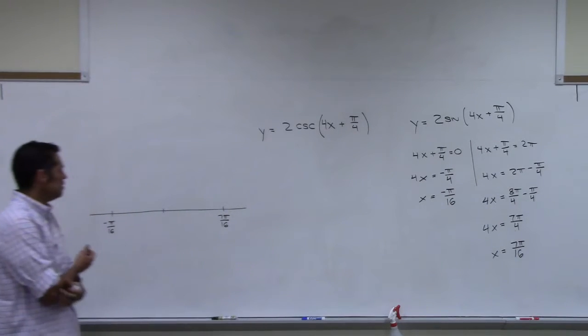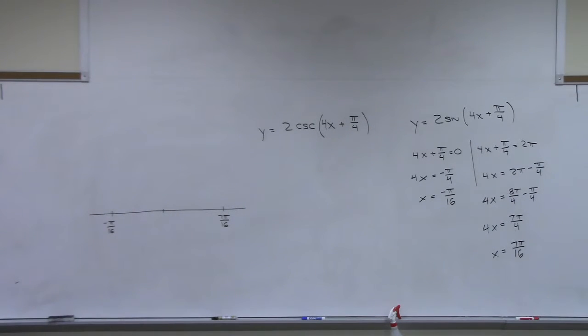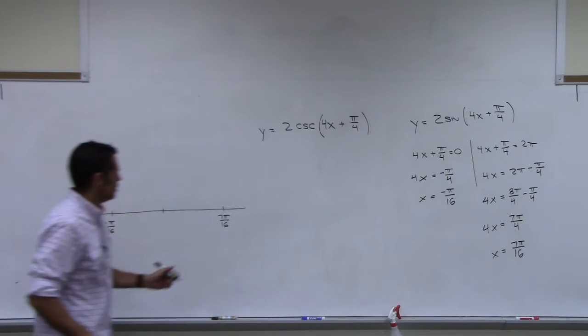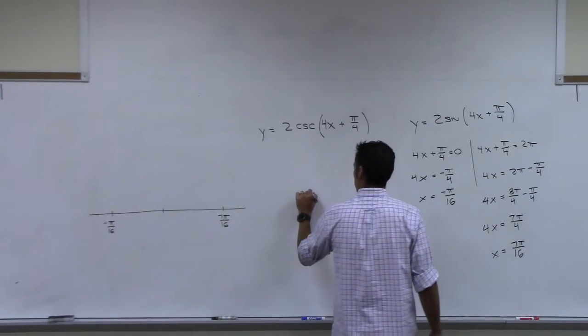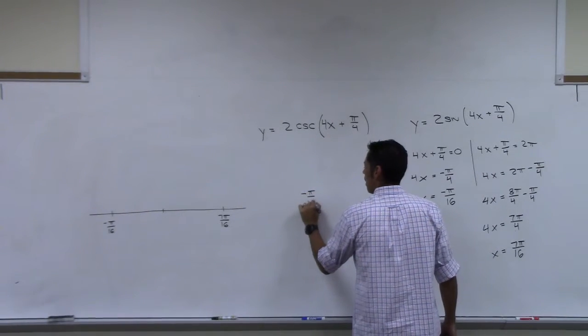To find the middle, add them up and divide by 2. If you add those together, what do you get? 6 pi over 16, and then divide that by 2. Yeah, 6 pi over 32.